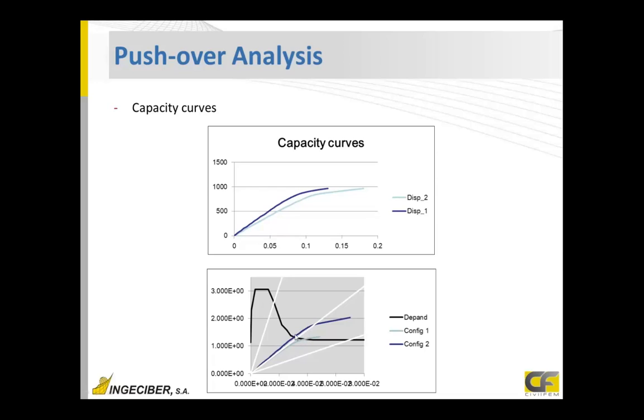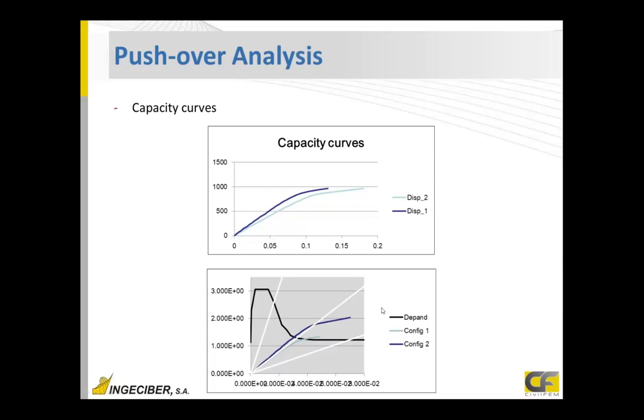We can analyze the point where these curves cross, the state of the buildings. We can see that in the classic configuration we have many yieldings at the point where it is crossed, but in the diagram configuration both curves cross in the elastic region of the building. So we can ensure the safety of that system.